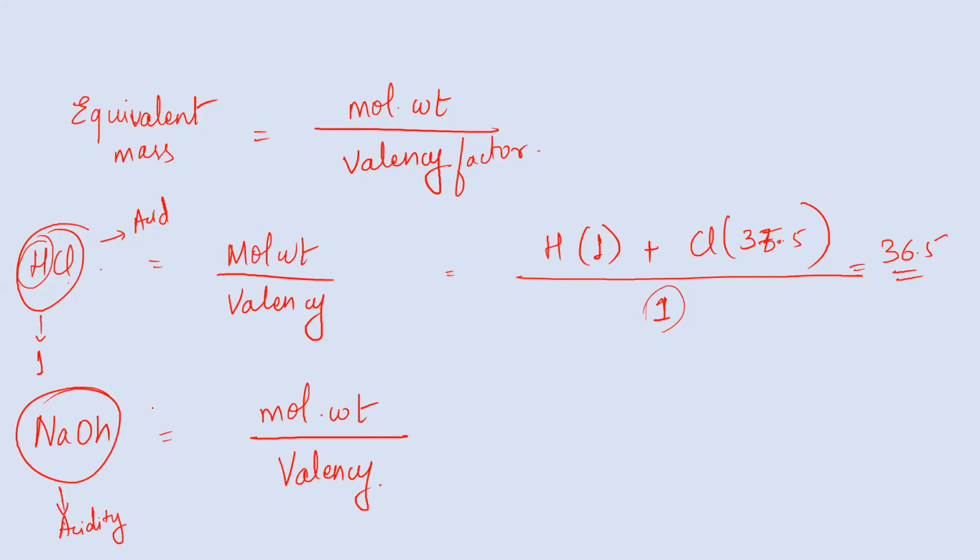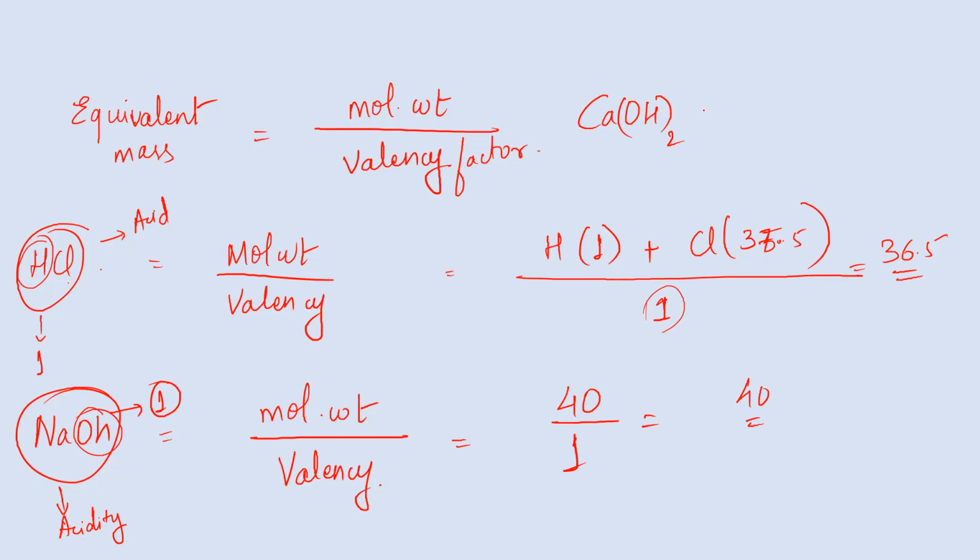So if I add it to water, or see how many OH it is going to give, it is only going to give 1 OH. So the valency is 1. What is the molecular mass? 40 divided by 1. So here the equivalent weight of NaOH is 40 only.